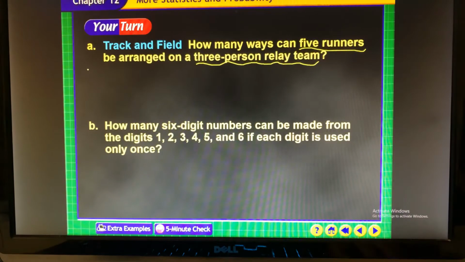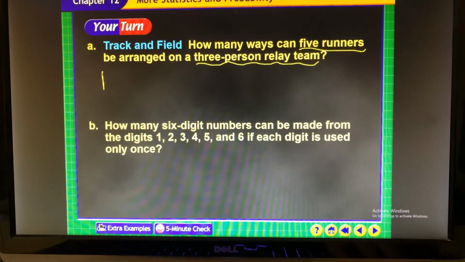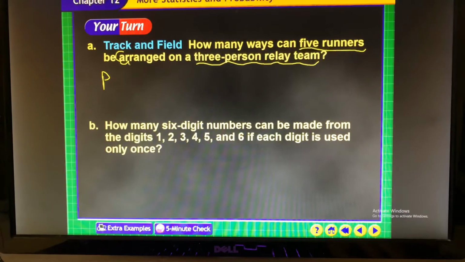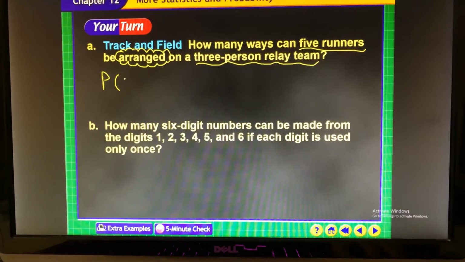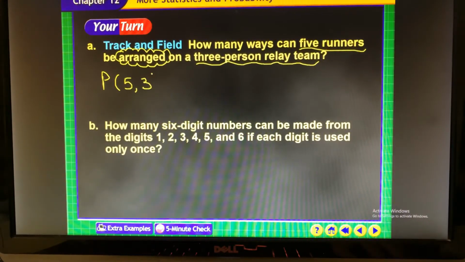Now you have the second runner, and then you have the anchor runner. So it matters the order that you put them. So this becomes a permutation. And again, keyword that usually defines that order matters is this. Remember what I said, you have 5 runners to choose from. You get to choose 3 of them.